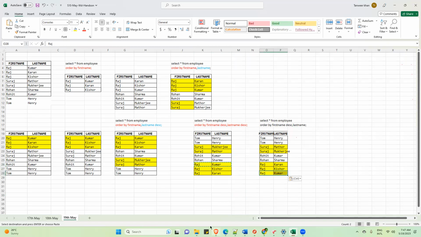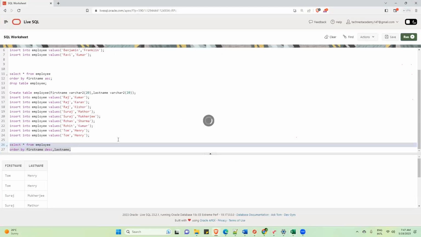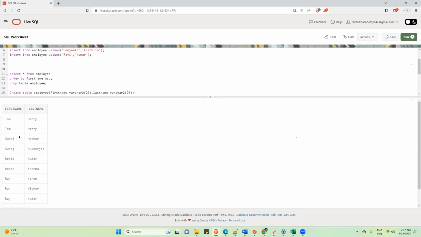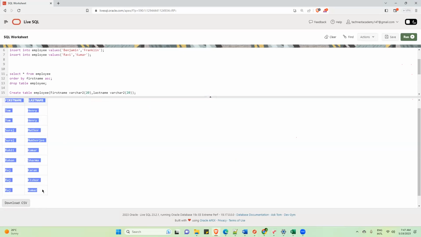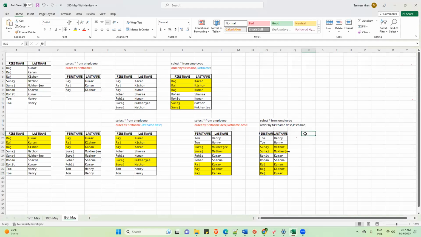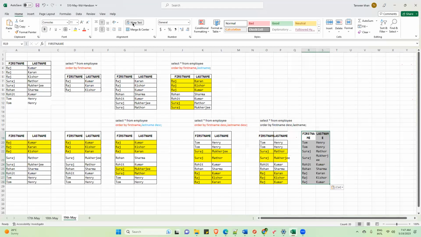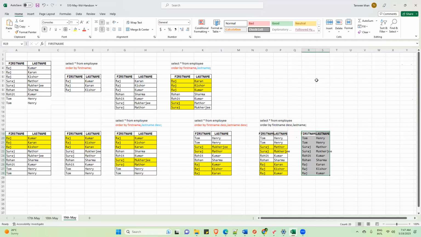Okay, now I will run this query and please verify the output. Are the outputs same? Yes. Okay, so hope it is clear.